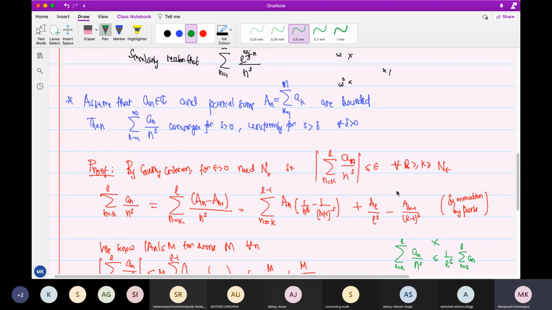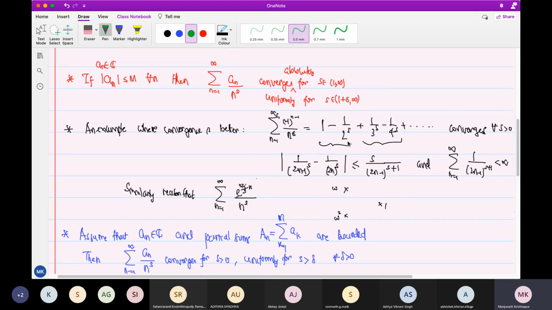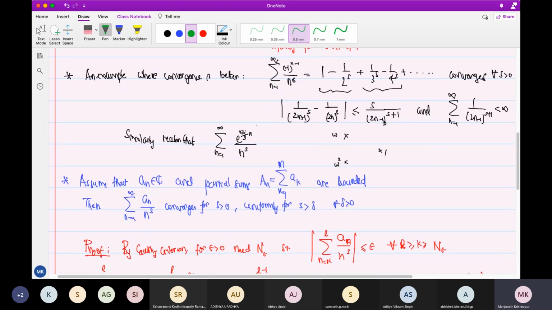So let's take an example here. So you are trying to say 1 minus 2 to the s is bounded by 1 by 2 to the s into 1 minus 1. Here a n, that's not true.